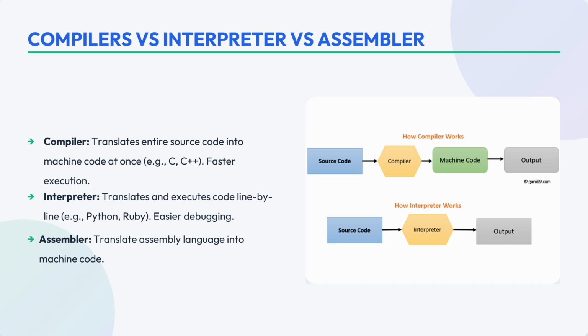It is system software that translates the entire source code written in a high level language into machine code at once. If we are using a compiler, the whole code is written first, and after that the code runs.